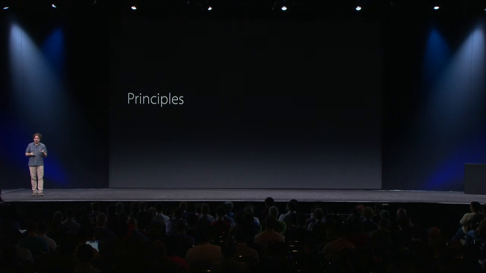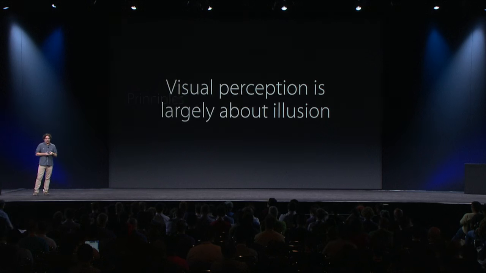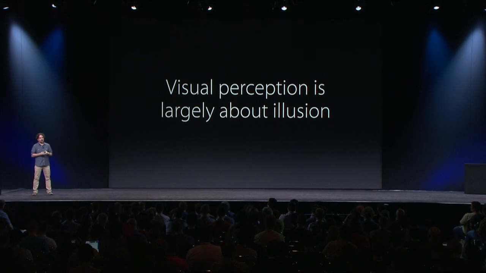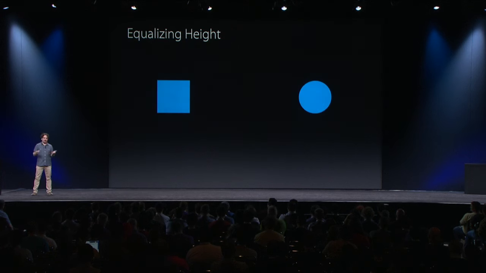So before I move on to talk to you about optical sizes, which is the big idea in the San Francisco family of typefaces, I need to tell you about some principles of design. Visual perception is largely about illusion. What I mean by that is, imagine you have two shapes, a square and a circle, and you want to make people think that they're looking at shapes that are the same height.